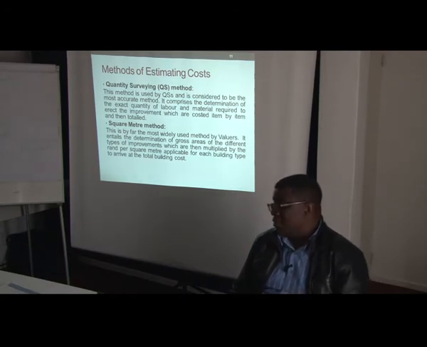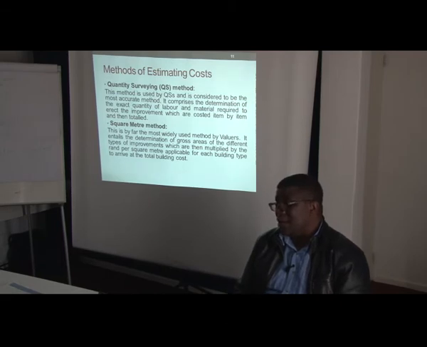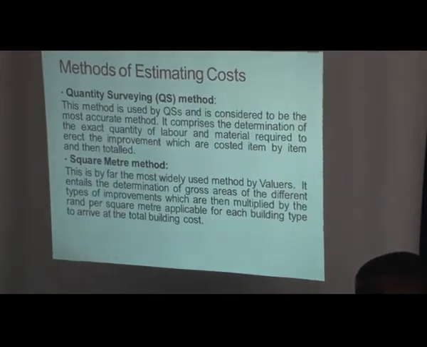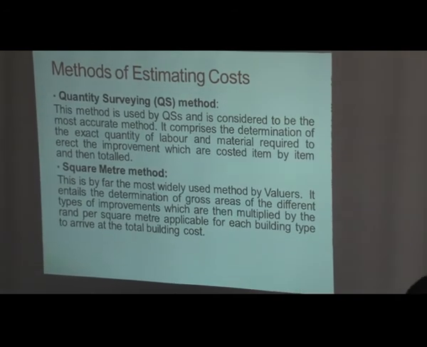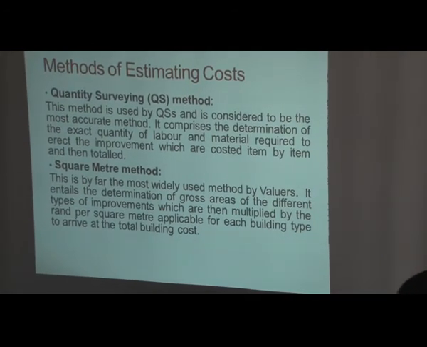Then the second method is the square meter method. This is the method which most valuers now use. The square meter method is not as detailed as the quantity surveying method. This is where the cost of the building is dependent on the size of that building per square meter.